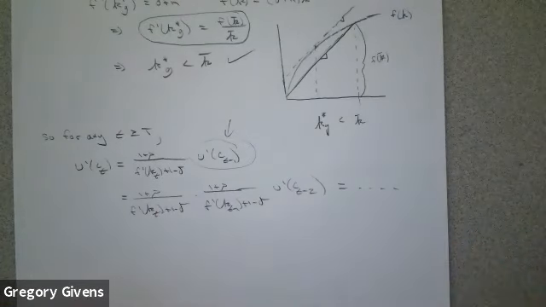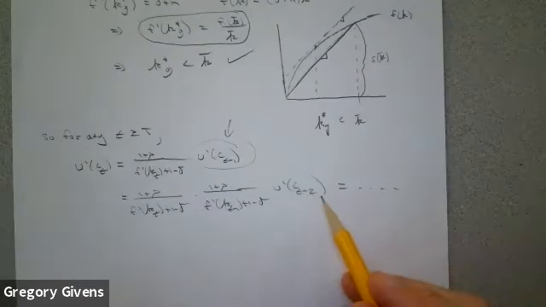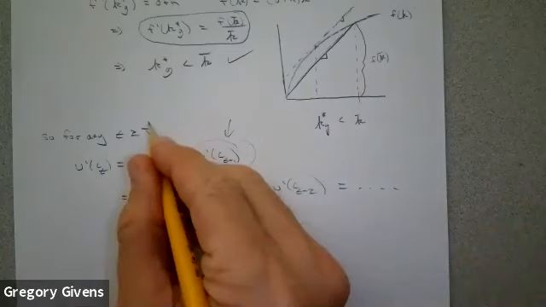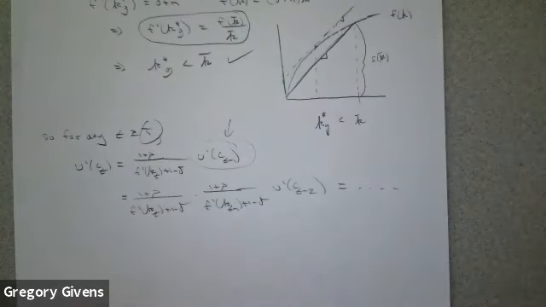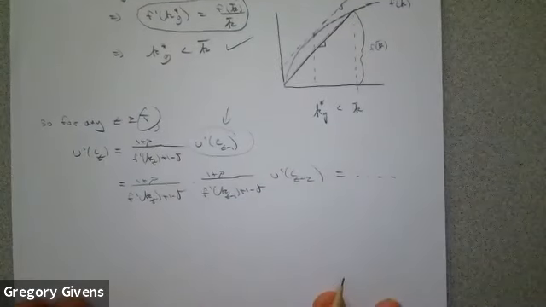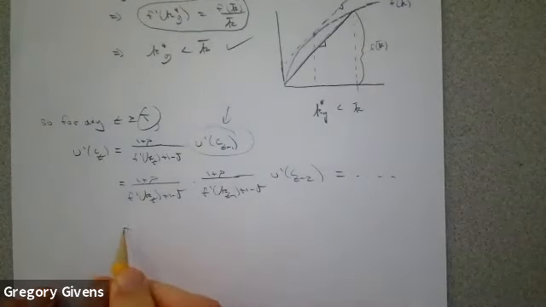Now, if we do this for many, many periods, I want to substitute iteratively all the way back to period cap T. That's what I'm interested in doing. So I'm not going to go all the way back to date 0. I'm going to go back to period cap T. What is this thing going to look like?